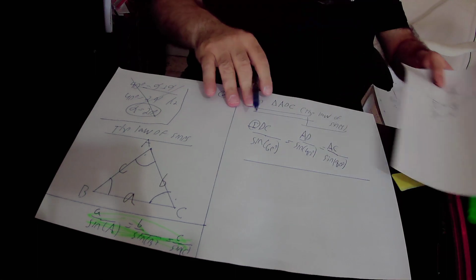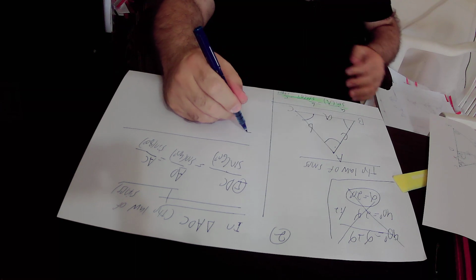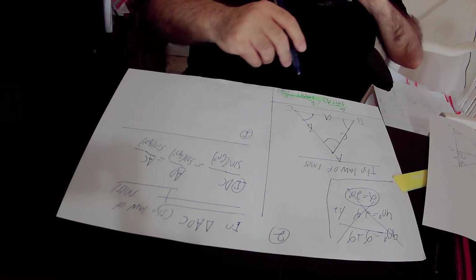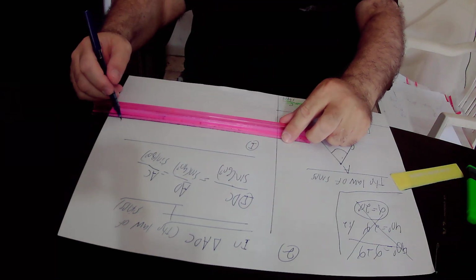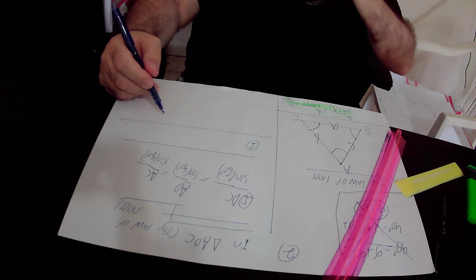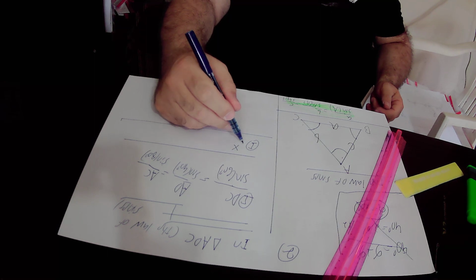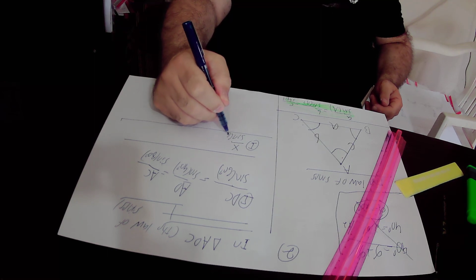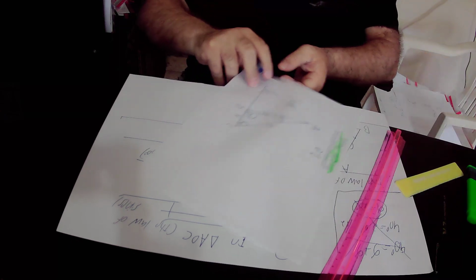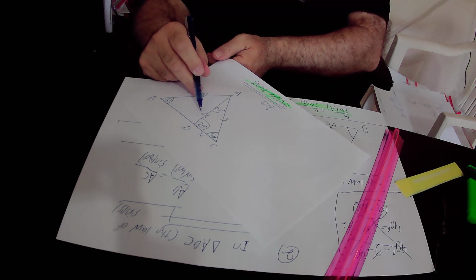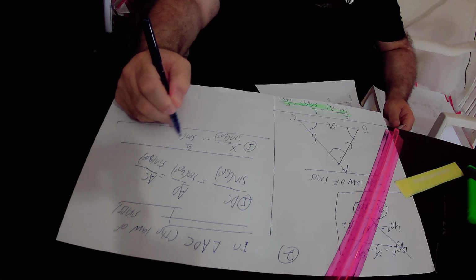We'll do it now, and we'll get, according to equation number 1, x over sine 60 degrees, and it is equal to AD, which equals a, so a over sine 40 degrees.